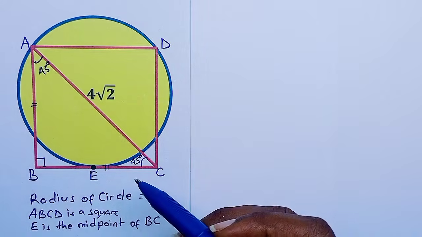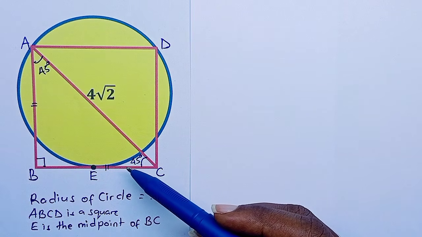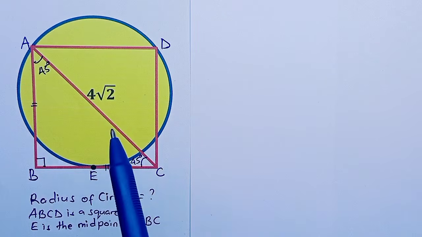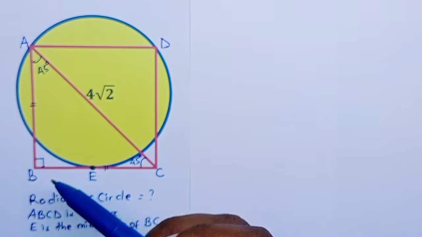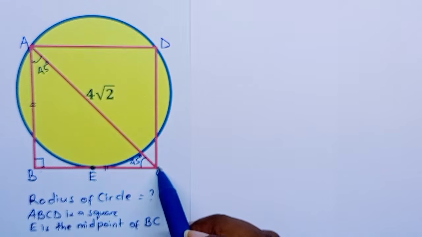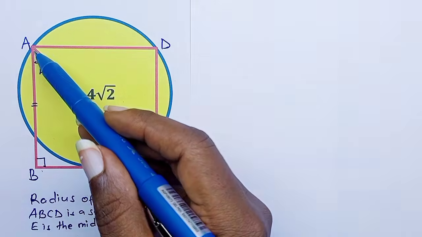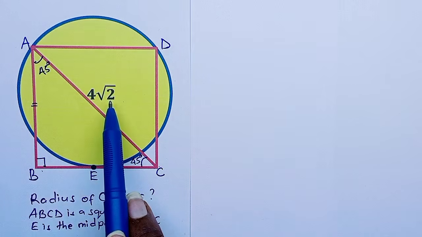Now, as you see, it is a special triangle, which is a 45-45-90 degrees triangle. And from the 45-45-90 triangle theorem, in such a triangle, the length of the hypotenuse is the length of each of the legs, say BC, times root 2.